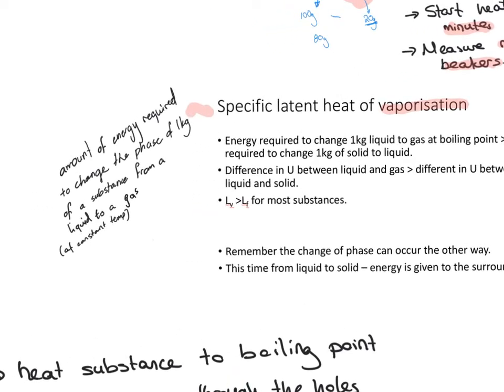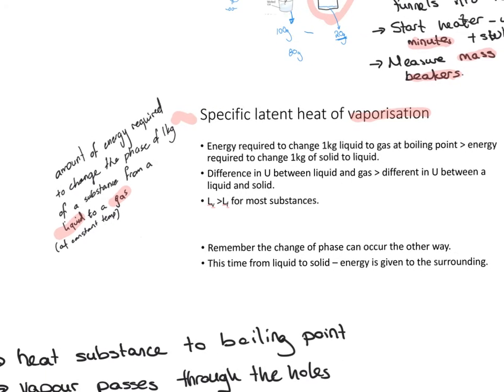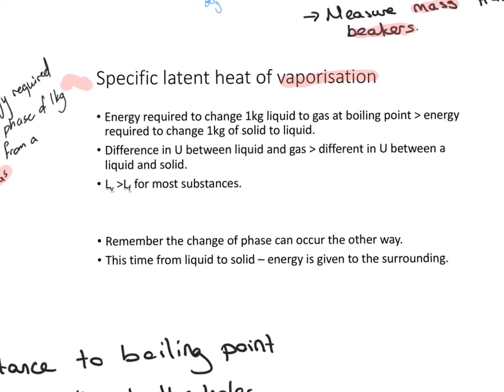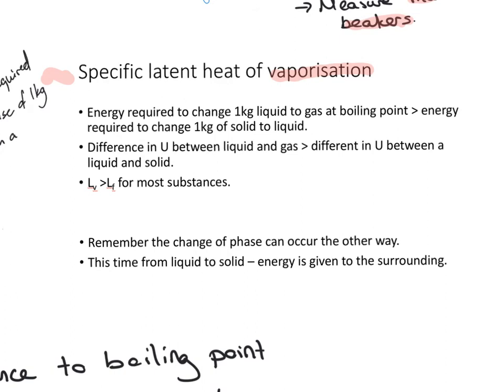It's the amount of energy required to change the phase of 1 kilogram of substance from a liquid to a gas at a constant temperature, or from a gas to a liquid, depending on what the question is specifically asking you. So that happens at the boiling point or the condensation point.